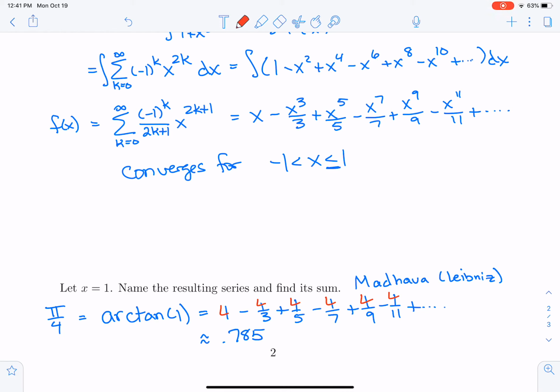You could take that sum, and that would give you an estimate of pi. The only problem with that is that it's a very slow converging series. That is not necessarily the fastest way to estimate pi. It converges to pi, but very, very slowly. But historically, people did use this series to try to calculate digits of pi.